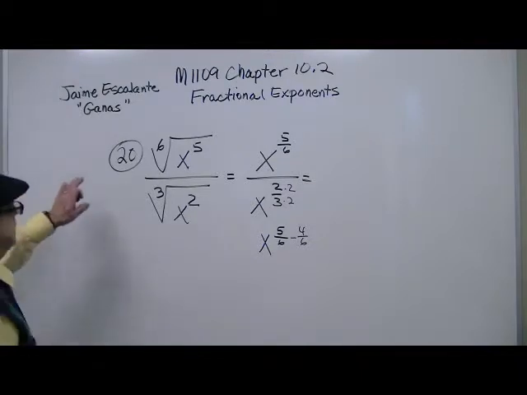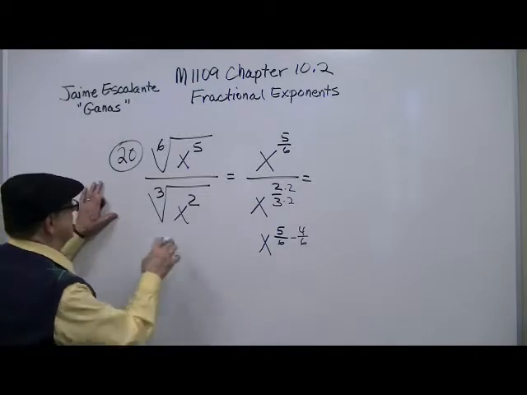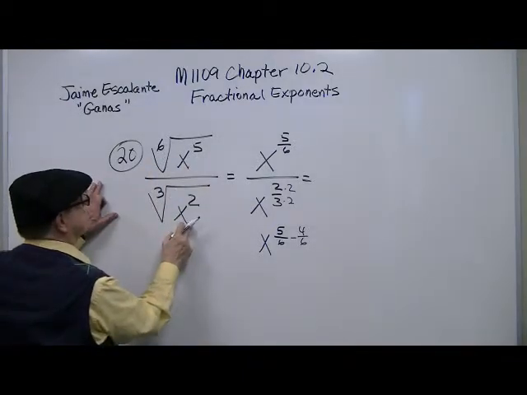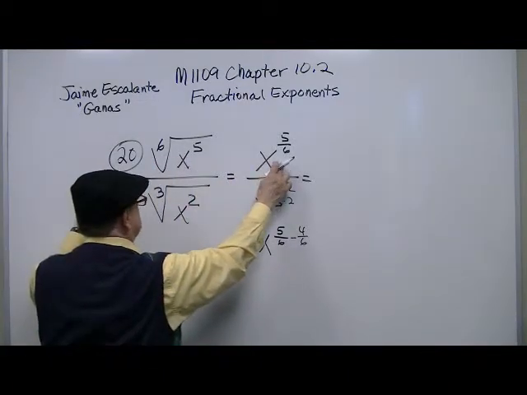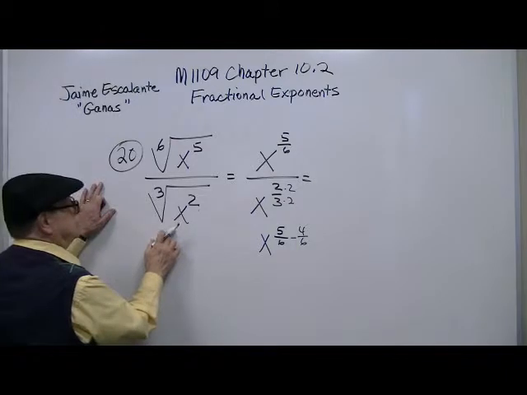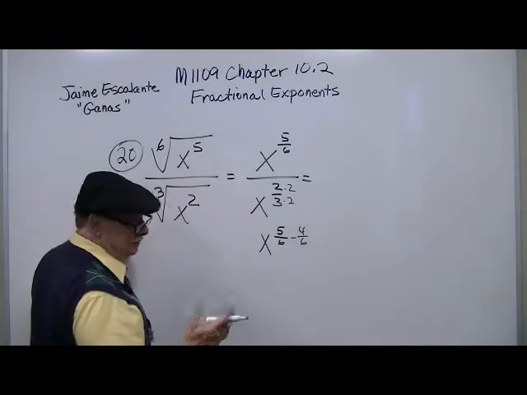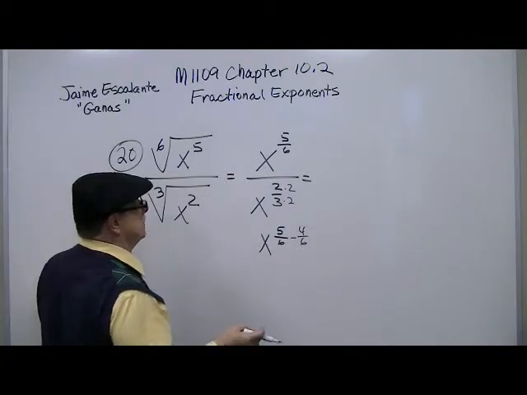All right, going to this last one, I put some of the work up to shorten the time. But it's the 6th root of this and the 3rd root of this. I converted this then to its fractional exponent form, as I did with this one. Now, since we're going to be subtracting fractions here, I have to have a common denominator.